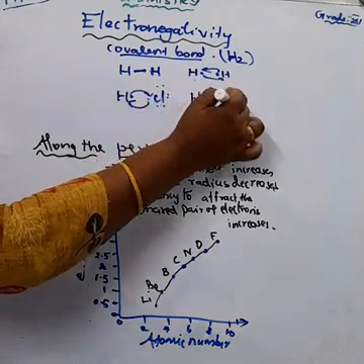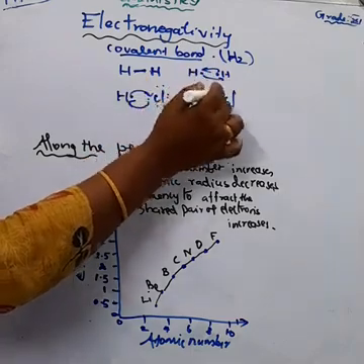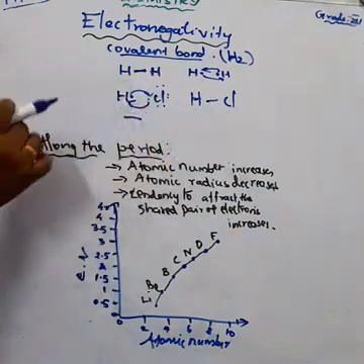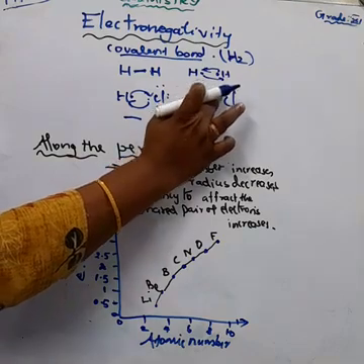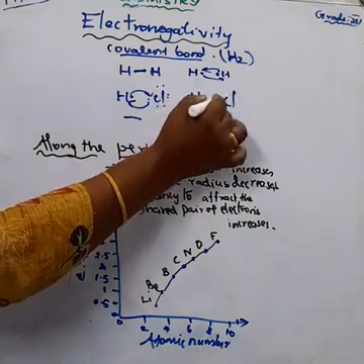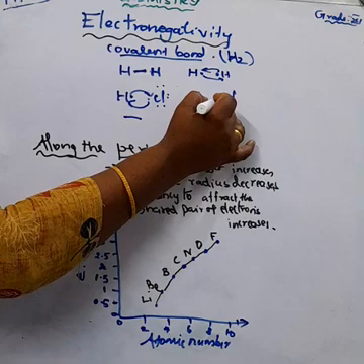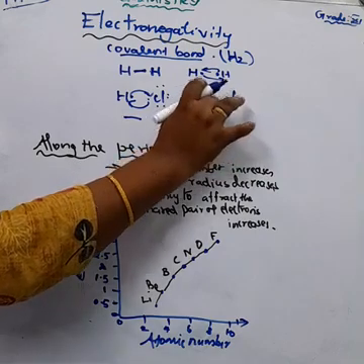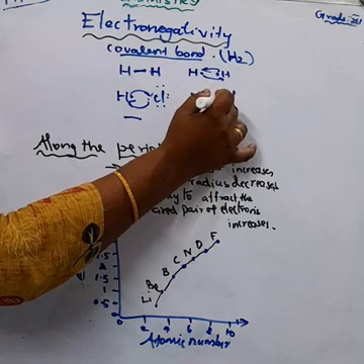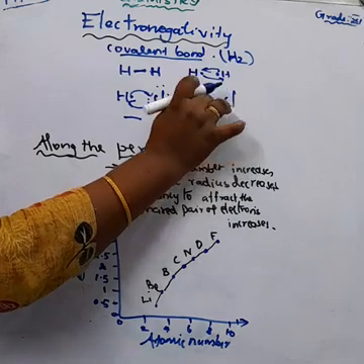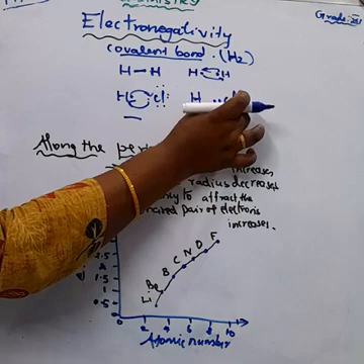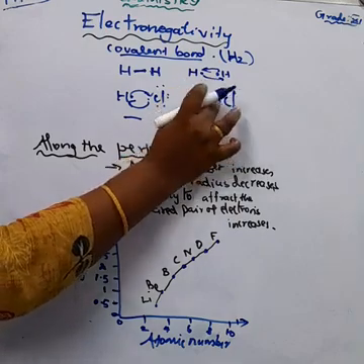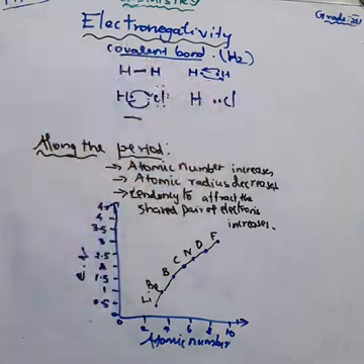One bond contains two electrons, but here the electron pair lies nearer to the chlorine atom than to the hydrogen atom.